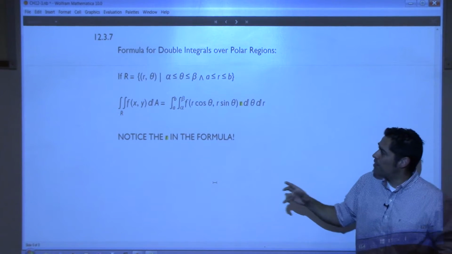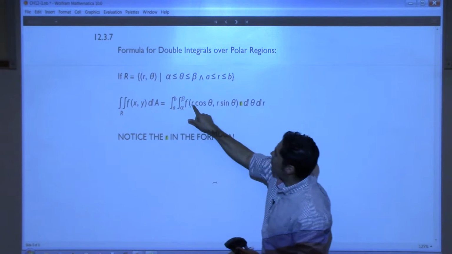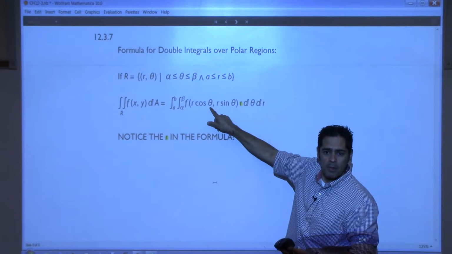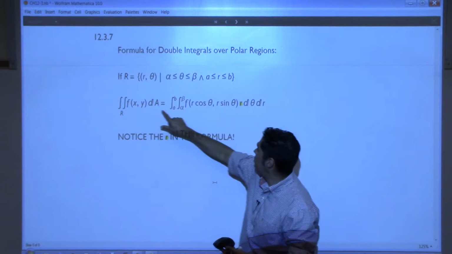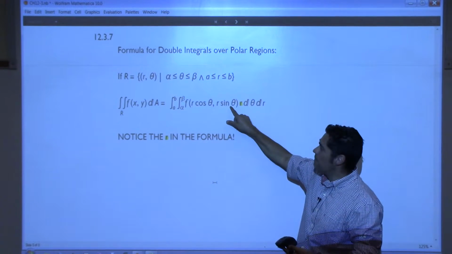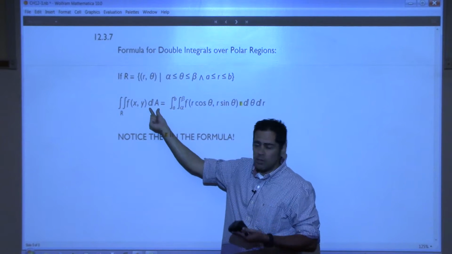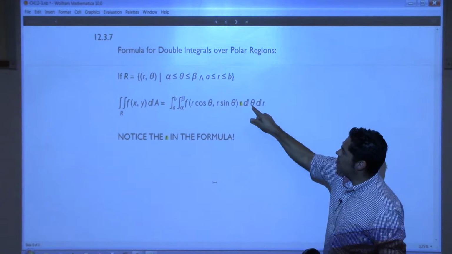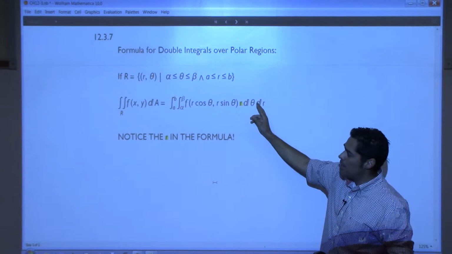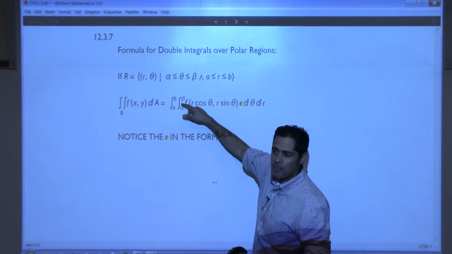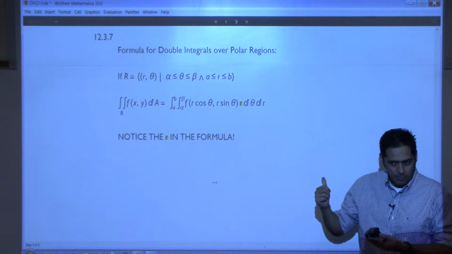And we said that the relationship between x and polar is that x is equal to r cosine theta, isn't it? Yeah? And that the y changes from y to r sine theta. Our dA, we just showed in the previous picture, was r d theta dr, right? Didn't matter what order that was in. And then our limits of integration were alpha, beta, and a and b. Do y'all follow that?